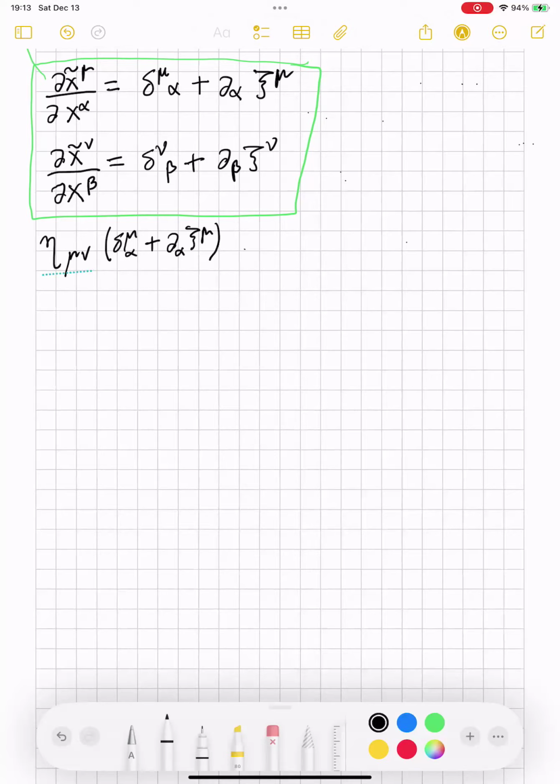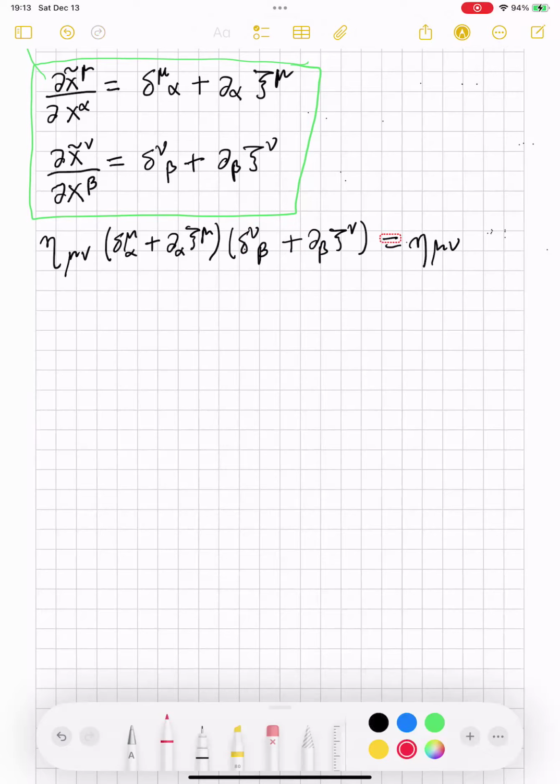And we need to multiply by dx tilde nu over dx beta. So we will have a delta nu beta plus d beta zeta nu. Okay, and this should be equal to eta mu nu. So now let's see what we get.